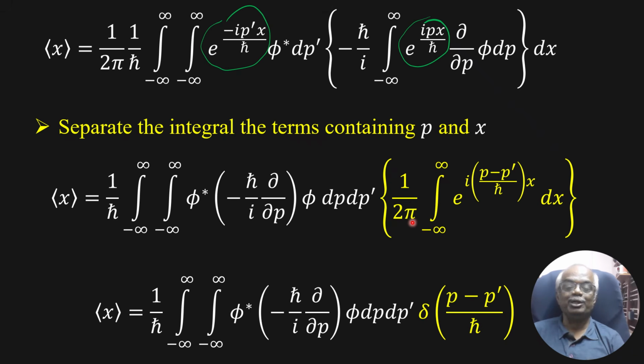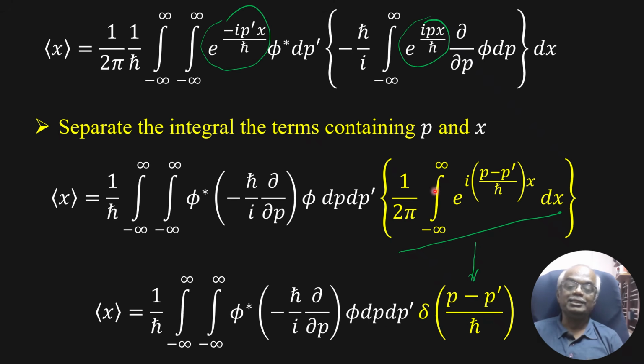There is a meaning for it. Then the remaining term we have is psi star, this integral, minus, of course, h cross over i delta over delta p of pi. We have to integrate with respect to p and p prime, because we have separated dx here. The x term we have taken out. You know very well what this integration is. It is nothing but your delta function, delta of p minus p prime over h cross.